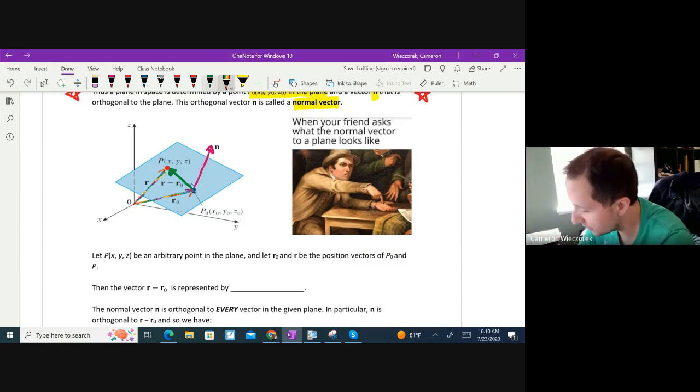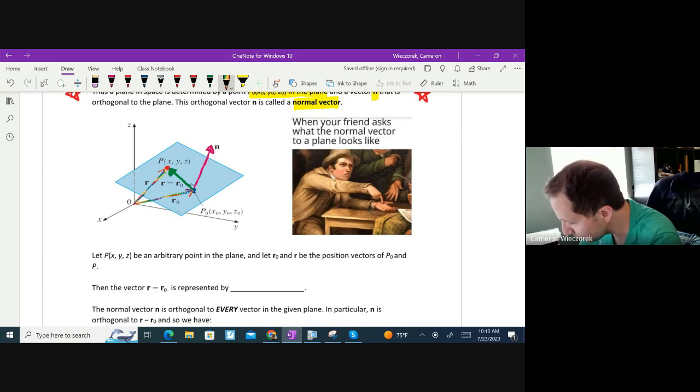Then that green vector, if I do a little bit of triangle addition here, and remember tip to tail for vectors, would have to be represented by r minus r naught. And you can check that. If we go tip to tail, from the origin out to P naught would be r0.